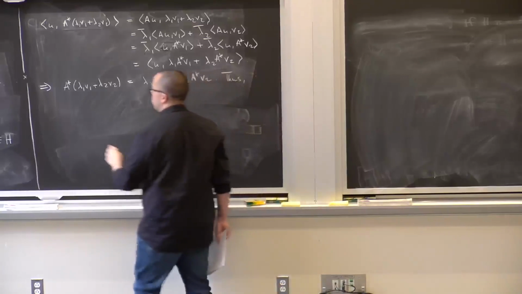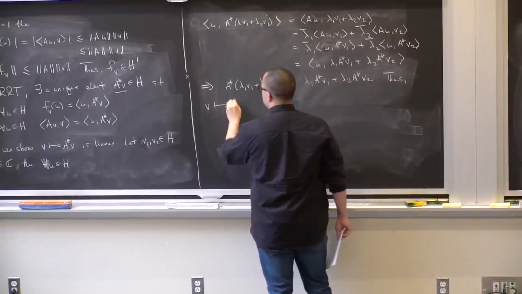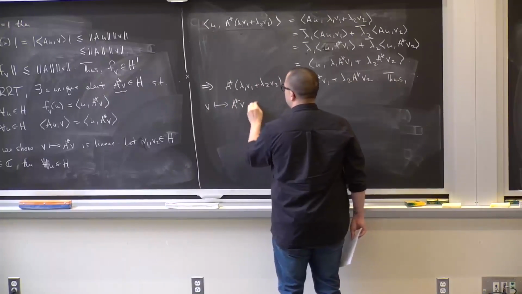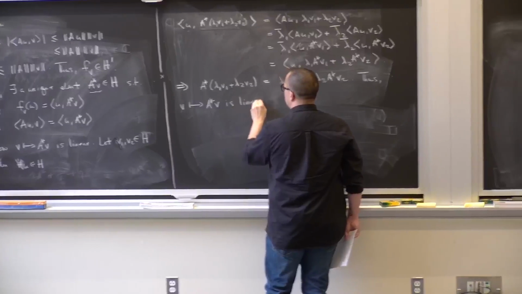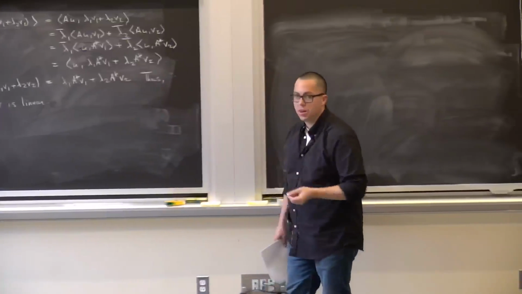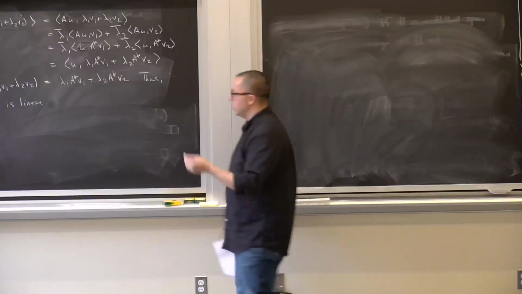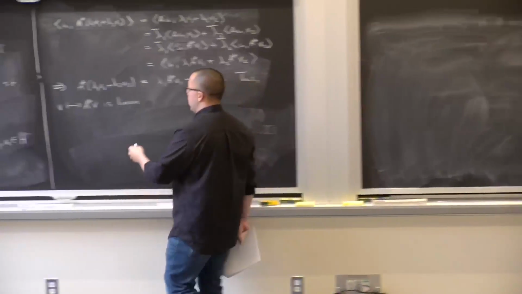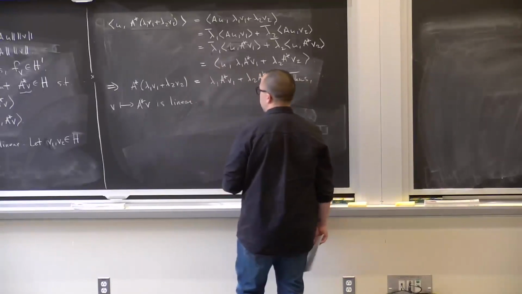Thus, the map v goes to A star v is linear. And so we denote this map simply by A star. It acts on a vector v by multiplying by A star.